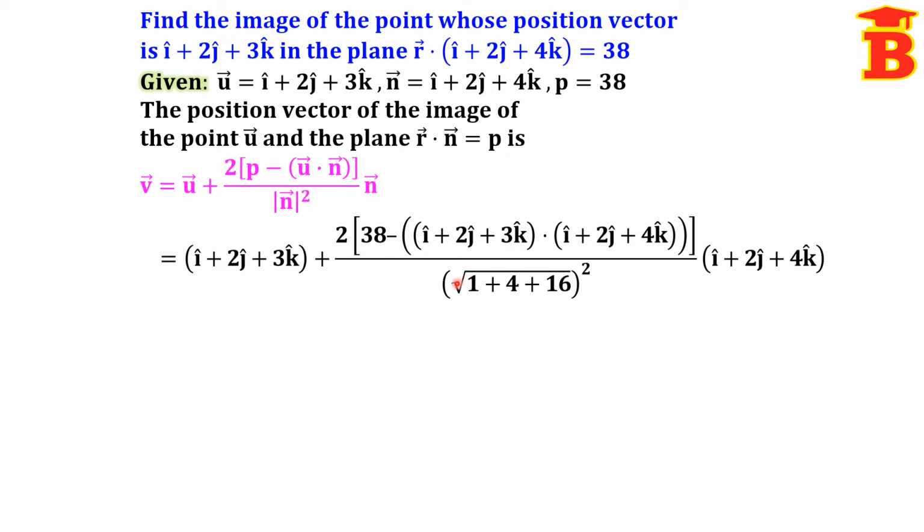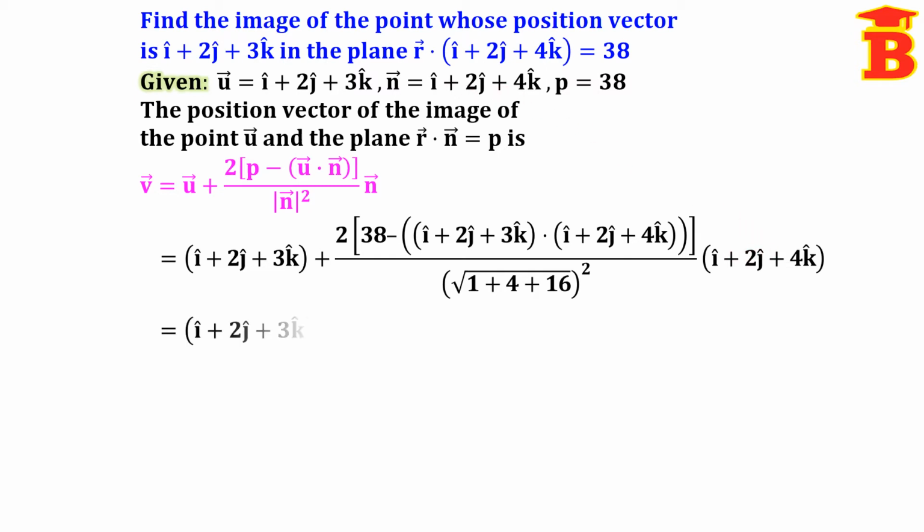So divided by modulus n vector. Taking modulus of this n vector, this is root of 1 square 1 plus 2 square 4 plus 4 square 16 whole power 2 into n vector, that is i plus 2j plus 4k.